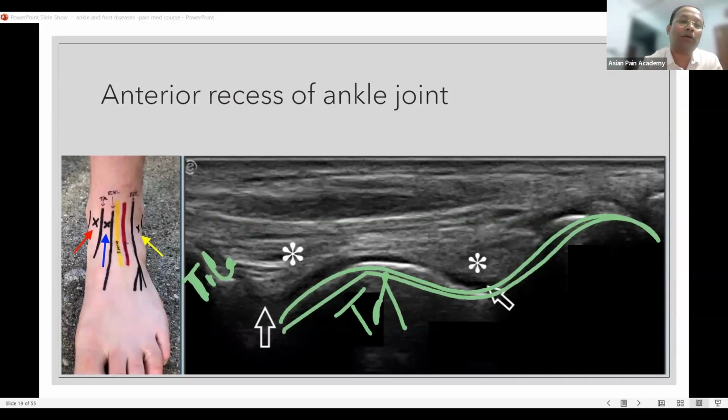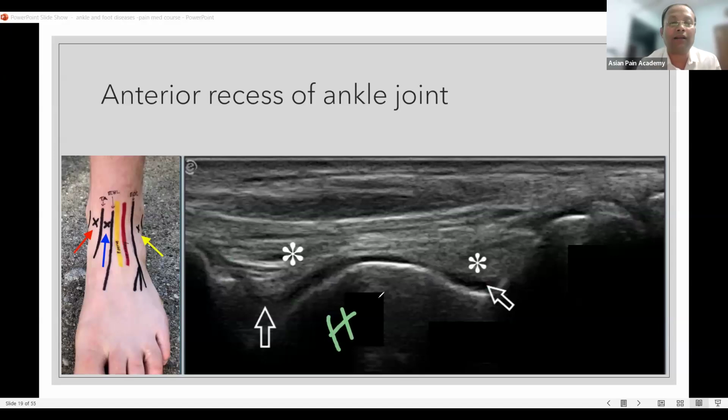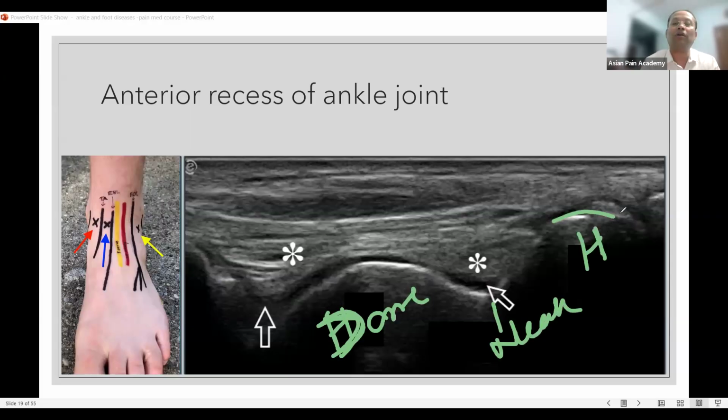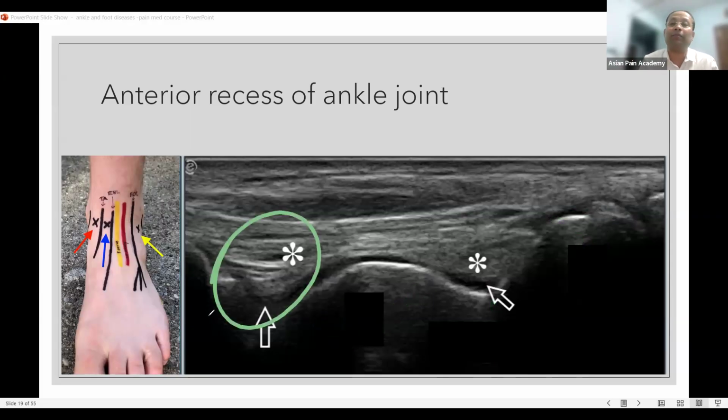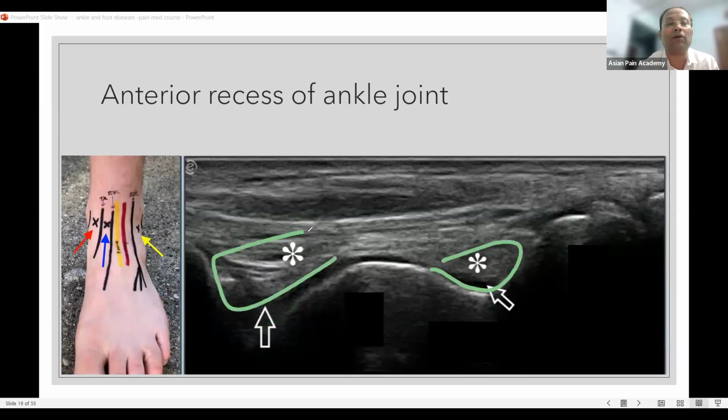This part is the dome of talus, this is the neck, and this is the head. This area is the anterior tibiotalar joint recess, and fluid can accumulate in both areas.